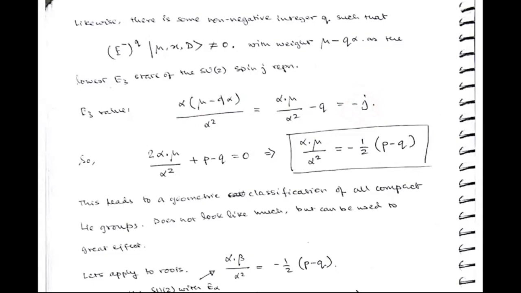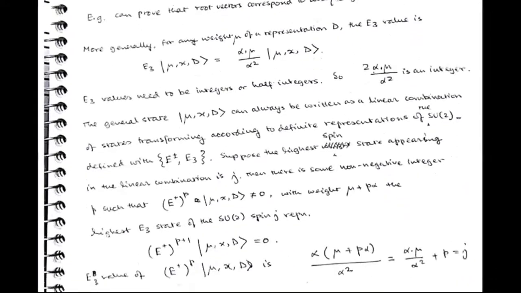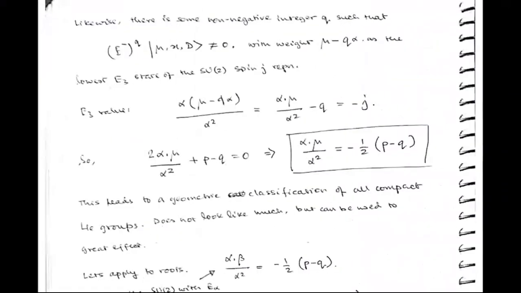So what we have is that one of the relations is this, and the other one is here, and we can add them up if you wish. Once we add them up, what we see is that we have 2 alpha dot mu by alpha squared plus p minus q equal to 0.